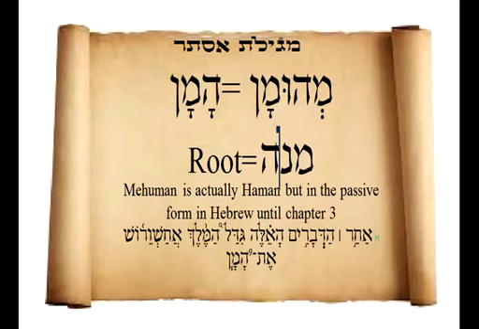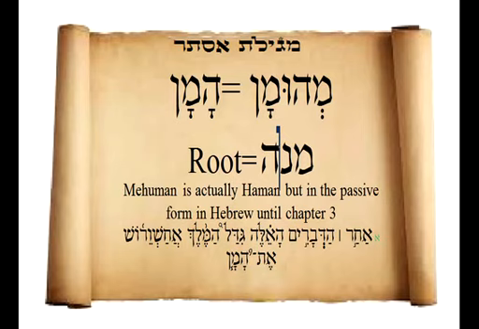Now we move forward to a list of 7 ministers that served the king. Remember that Mehuman, or Haman, was the one who was told to go and retrieve and bring Vashti to the party of the king, and Vashti refuses. So let's take a look at the name Mehuman. Mehuman, and later on in chapter 3 we will see Haman, were one and the same person.